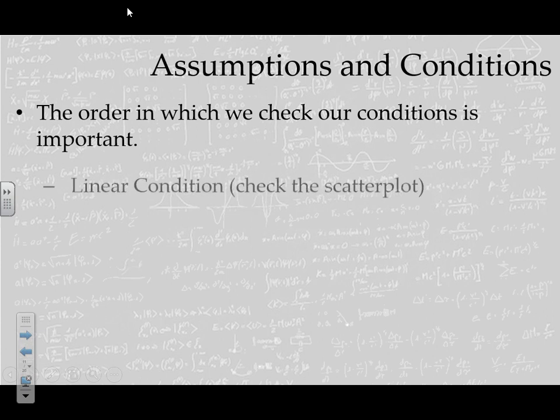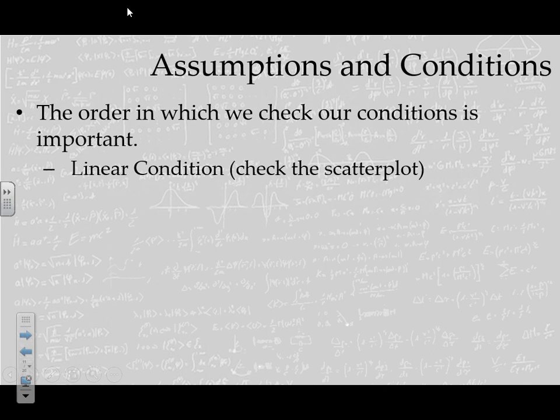So the first one is to check what's called the linear condition. Based on our sample of information, do we actually have a linear relationship for the sample? To check for linearity, simply check your scatter plot.